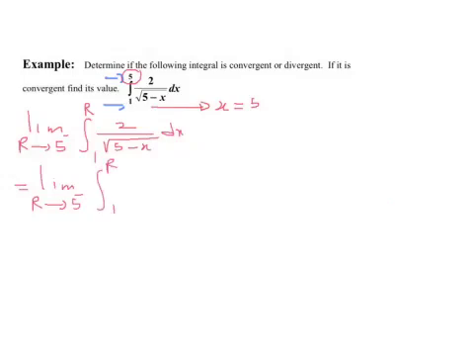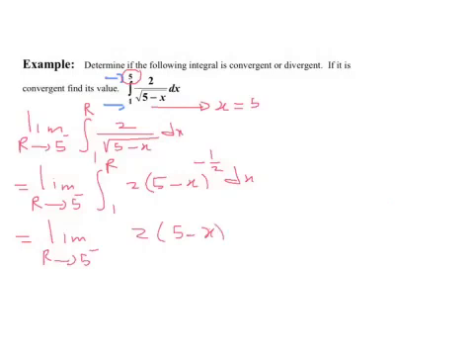Let's write this as 2 times (5 minus x) to the power minus half dx, which can be integrated as 2 times (5 minus x) to the power minus half plus 1, which is half, divided by half, but we need a minus because the derivative of minus x is minus 1, from 1 to r.